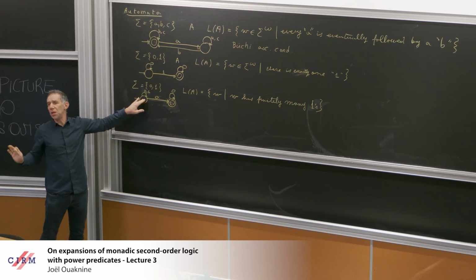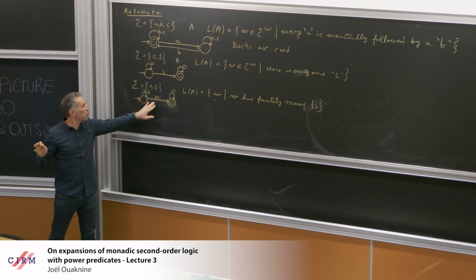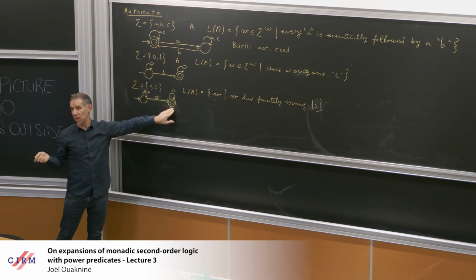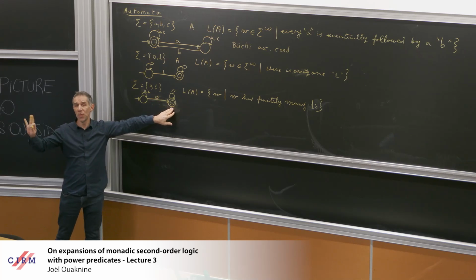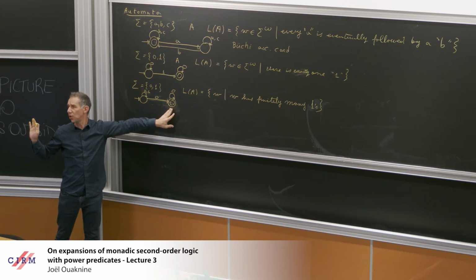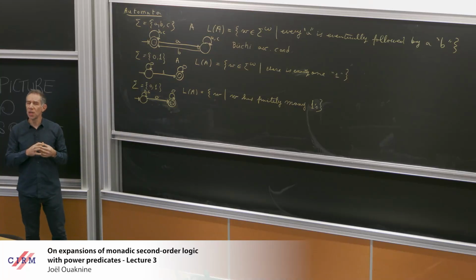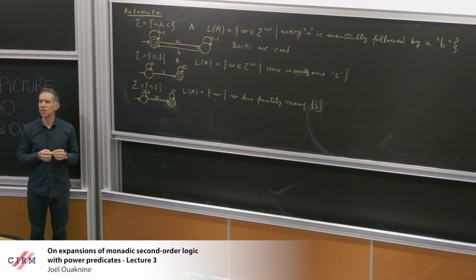So initially, you can do however many zeros and 1s you want, but at some point, if you're going to accept, this is an infinite word, you have to cross that bridge here, go into this region of the automaton where you cannot accept any 1 anymore. You can only accept zeros, and therefore it'll be only finitely many 1s by construction. Is this okay?